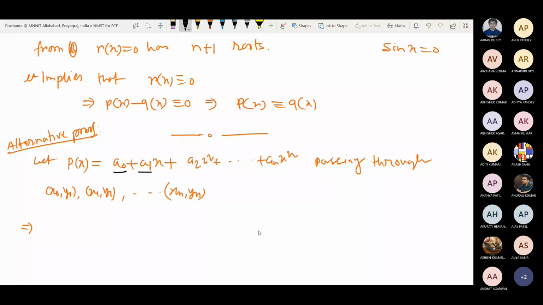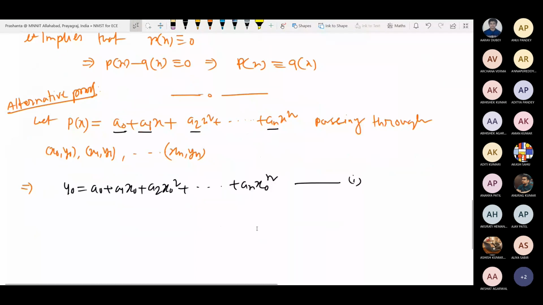a0, a1, a2, up to an. So if you pass the polynomial through x0 y0, you will get y0 equals a0 plus a1 x0 plus a2 x0 square up to an x0 power n. So that is one equation. If you pass the polynomial through the point x1 y1, you will get y1 equals a0 plus a1 x1 plus a2 x1 square plus up to an x1 power n.